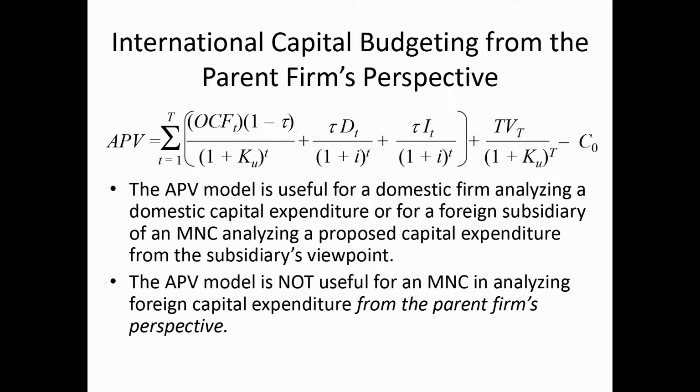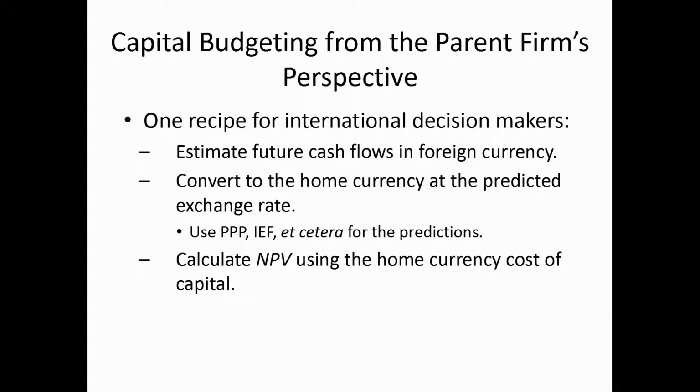What I'm going to test you on in the final exam is to get NPV under different currencies, and then convert those cash flows into a U.S. dollar denominated NPV. We're going to follow this procedure.